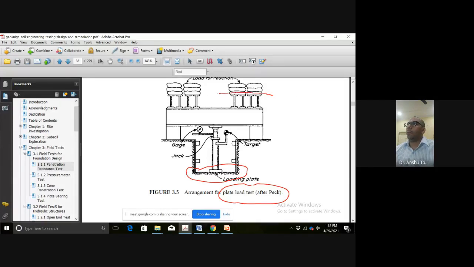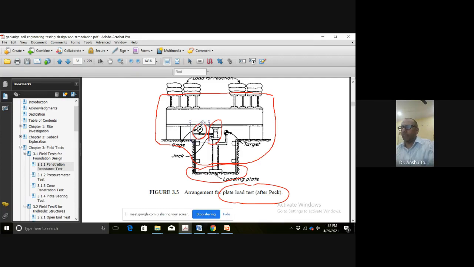This is a platform which is being constructed. This is of structural steel, as you can see. And here we are having the dial gauge to record the deflection. And we have got a hydraulic jack to evaluate the force or the load in the load cell.